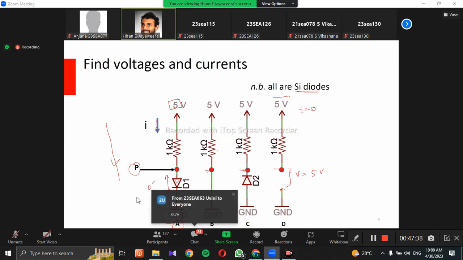It is 0.7 since it's a silicon diode. So you have 0 here. What should be the potential at this point? This has to be 0.7, and you drop that 0.7 through this one and reach 0. Is it clear?